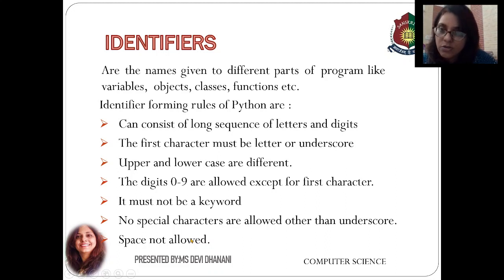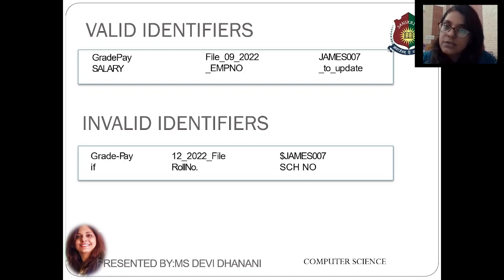So let's have a quick look at how can we name a variable, an object, class, or a function in Python. Let's take up some examples. So let's take up an example, grade pay. Now this qualifies all the rules that were mentioned in the previous slide.